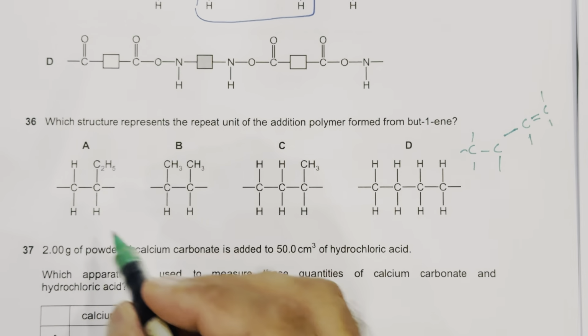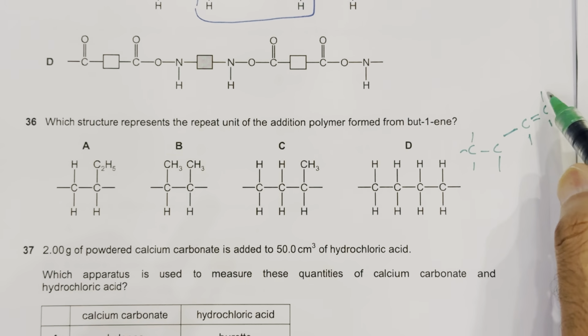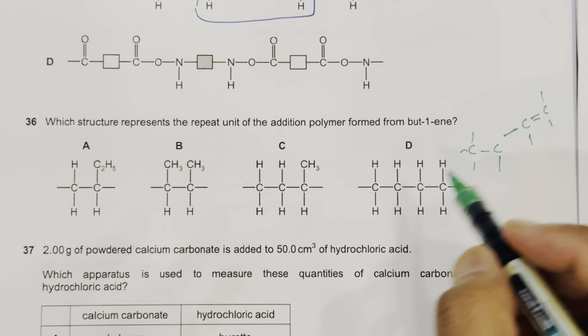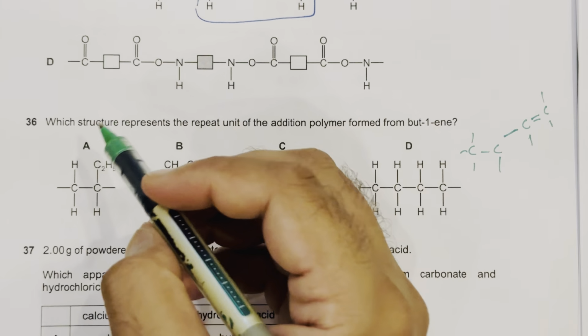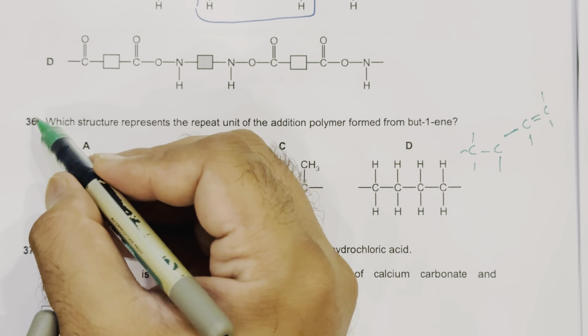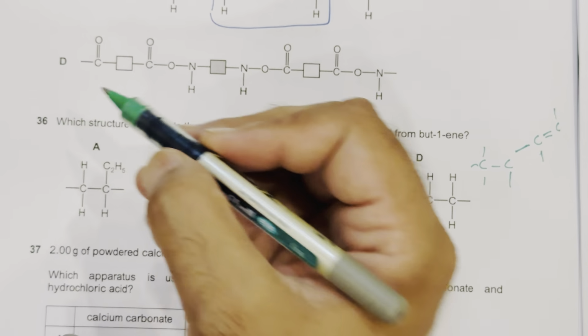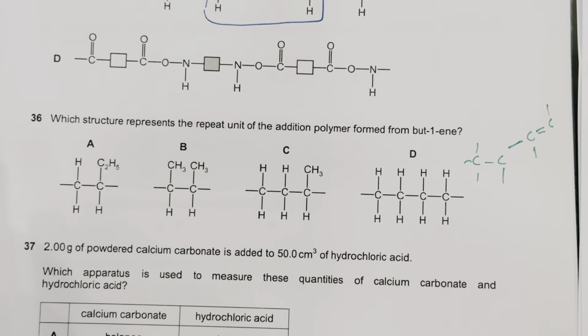So option number A is showing this option, C2H5 and CH and CH, when this bond is attached to this. So option number D is the correct option.